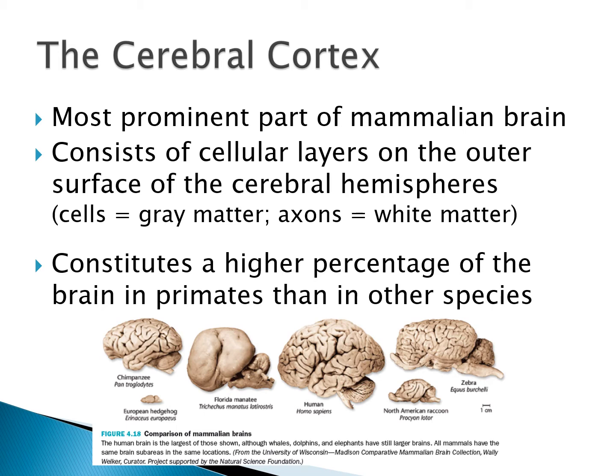I will show a dolphin brain later in the semester that is pretty interestingly folded, with a pretty large cerebral cortex. But anyway, this constitutes a higher percentage of the brain in primates than in other species.